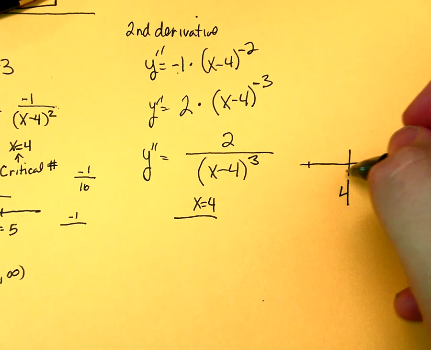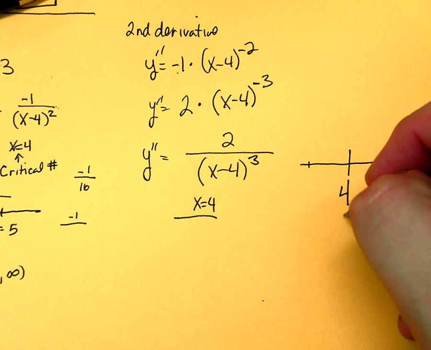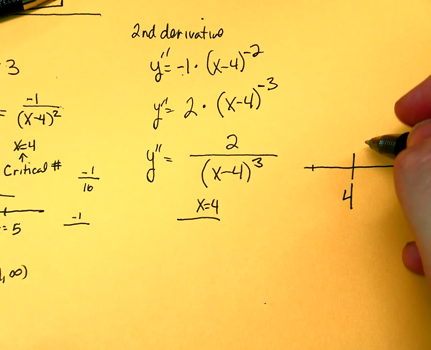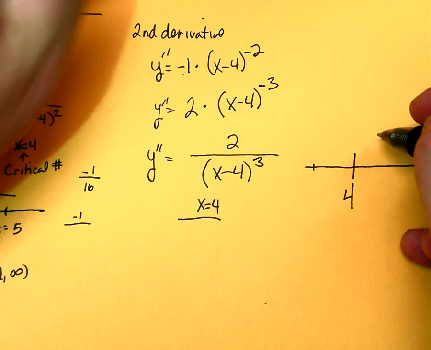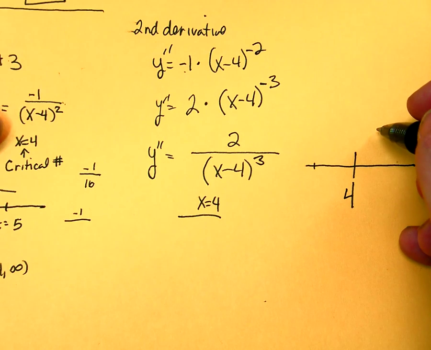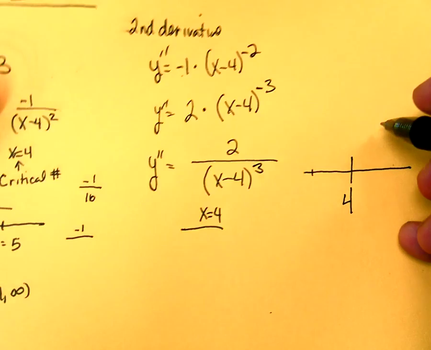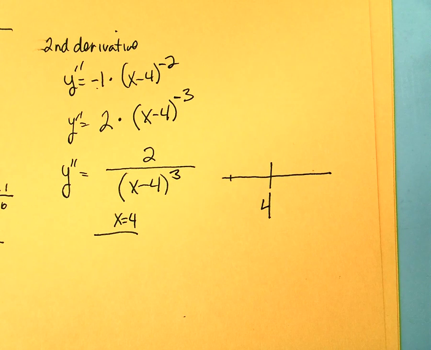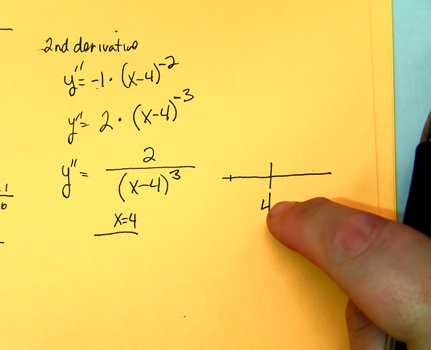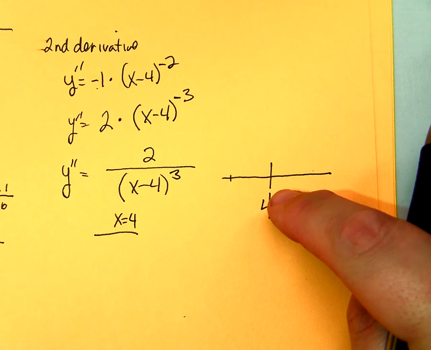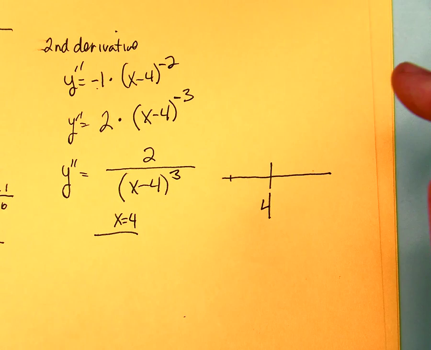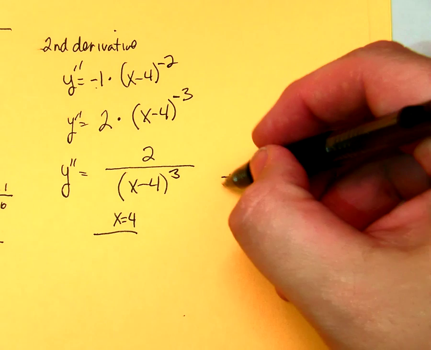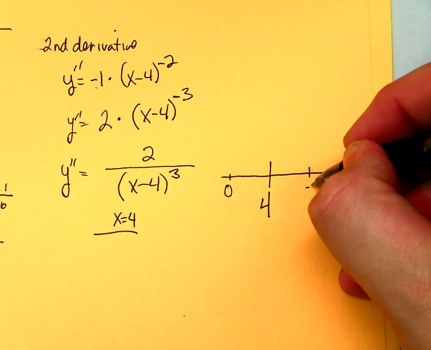It's a de facto point of inflection, but it's going to tell us more about what's happening to the left and what's happening to the right. Sorry, I'm just moving stuff over here. So this is going to give us information more so than this is a point where it's changing concavity. It could be changing concavity, or it could not be. Let's take a look. I'll use the same test points. 0, which would be negative 4.